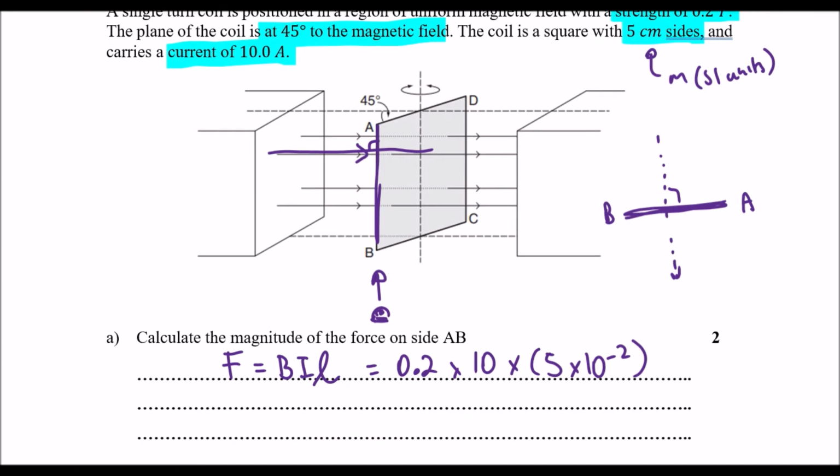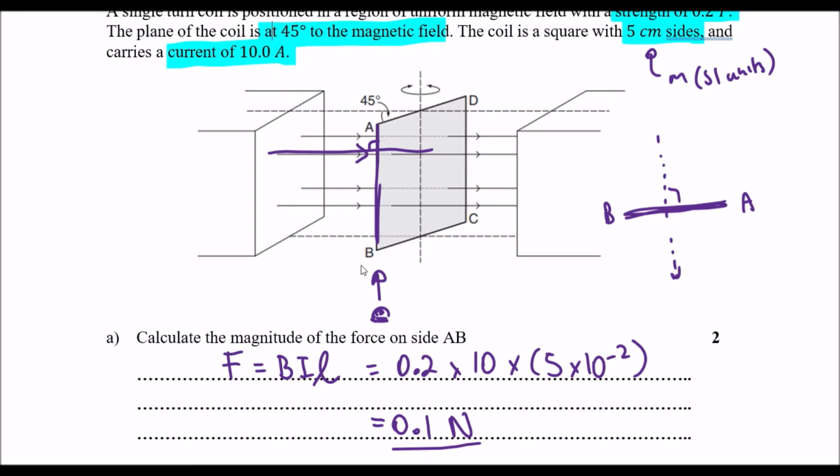Now all we have to do is put it into the calculator. Okay, so the answer I get is a force of 0.1 newtons. And that's the amount of force that's being applied onto our wire AB.